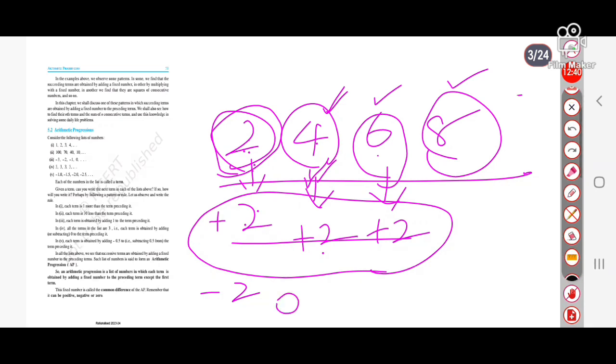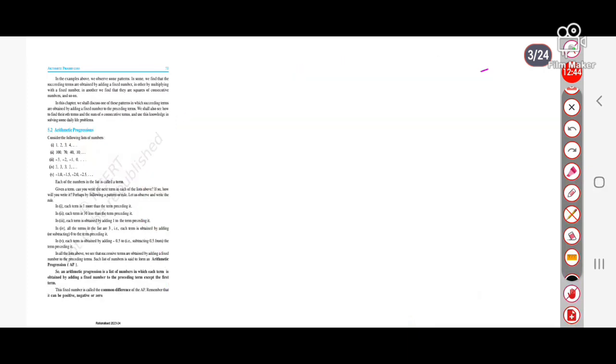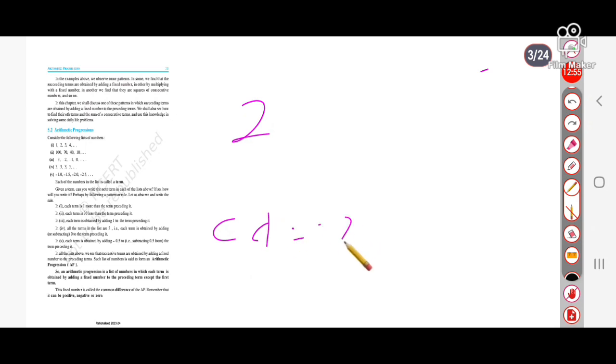Okay, what happens if you take minus 2 for this AP, right? Let me take the same sequence, that is 2. Let the common difference be minus 2, right? They have told it can be negative also, right? So the next term will be 2 minus 2, which is 0, right? 0 minus 2 is minus 2.